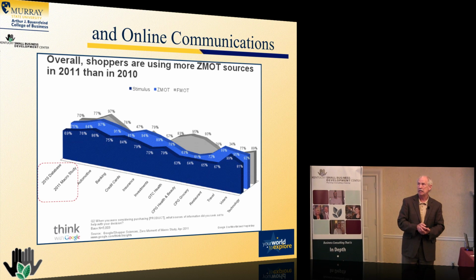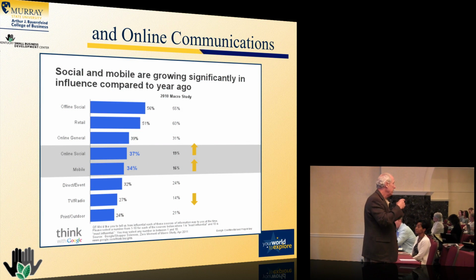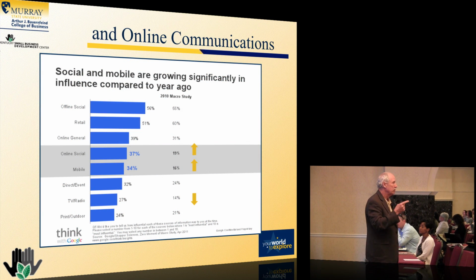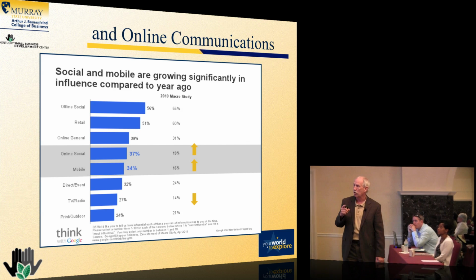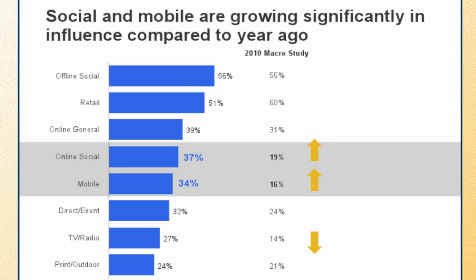In addition to that, part of what the number that we just saw, the increase in growth from one year to the next of the number of sources that people are looking for, is the phenomenal growth of social and mobile sources in information search. So in the 2010 study, 19% of respondents said they used online social in evaluating products and services. 16% said mobile.